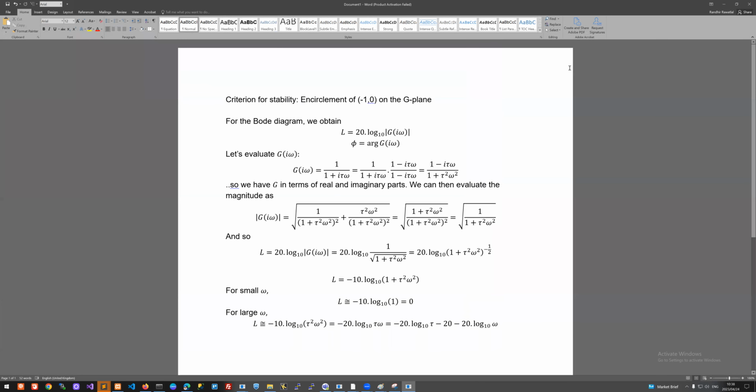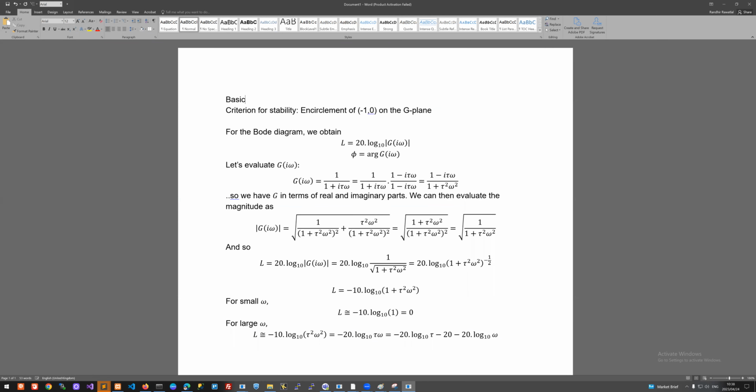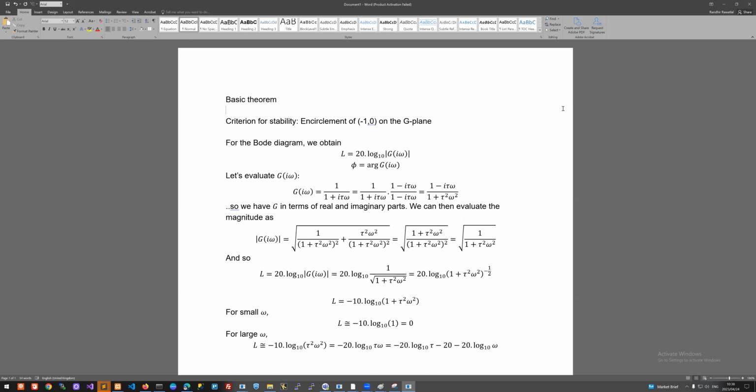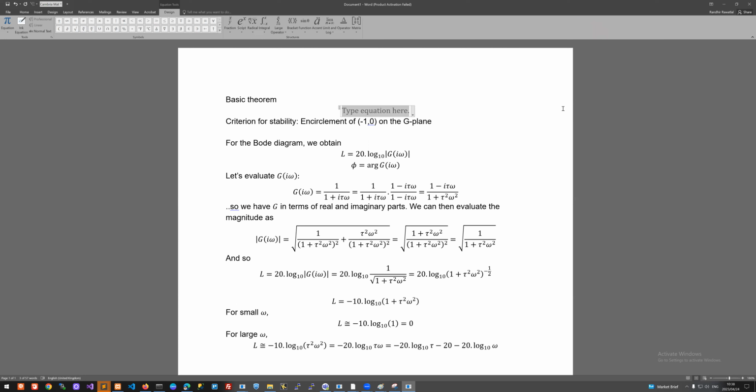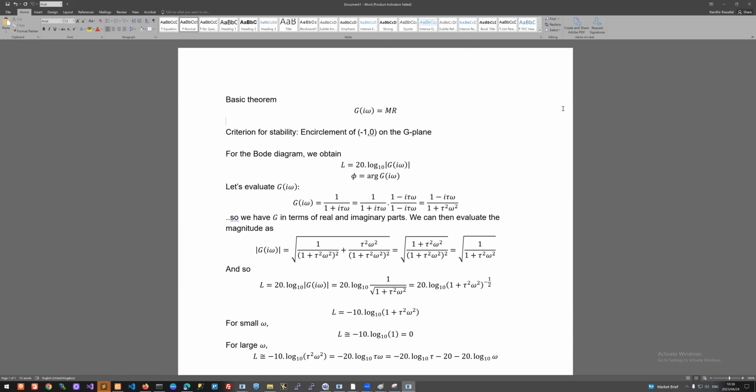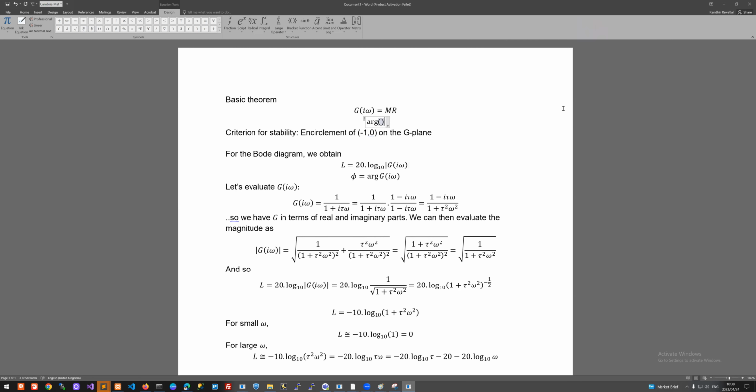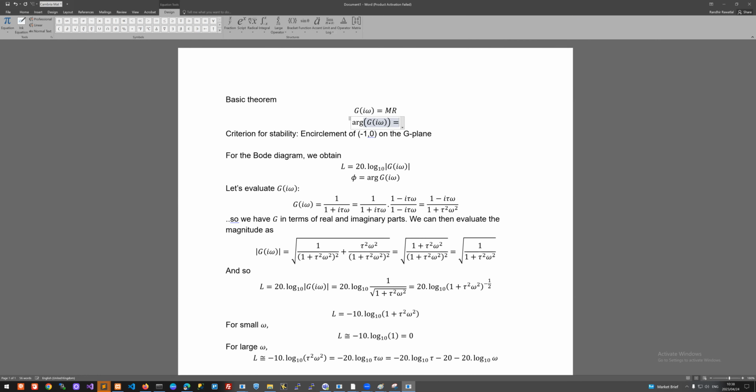So even though we have the basic theorem, according to the basic theorem, we have G of I omega equal to the magnitude ratio and the angle of G of I omega, which is equal to the phase shift.